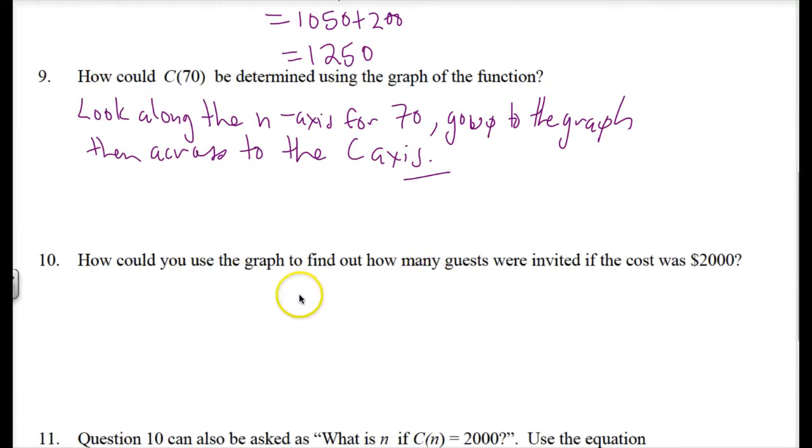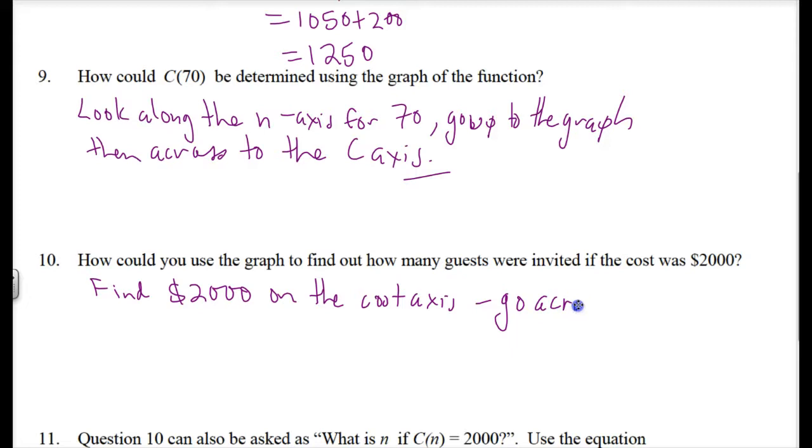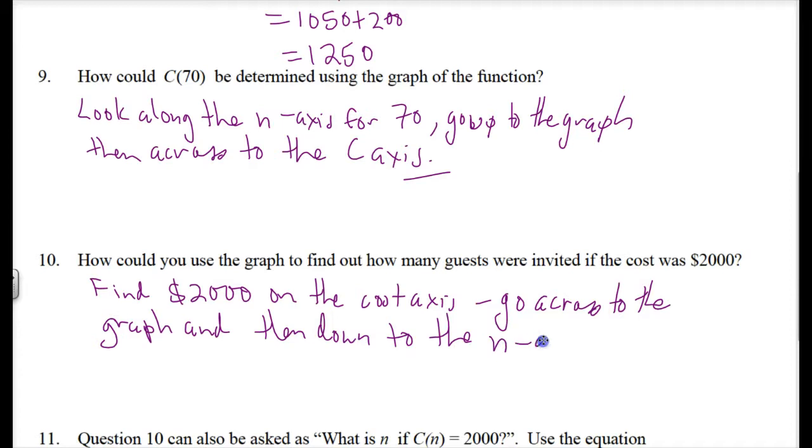How could you use the graph to find out how many guests by the cost? So find $2,000 on the cost axis, go across to the graph, and then down to the n-axis to get the number of guests.